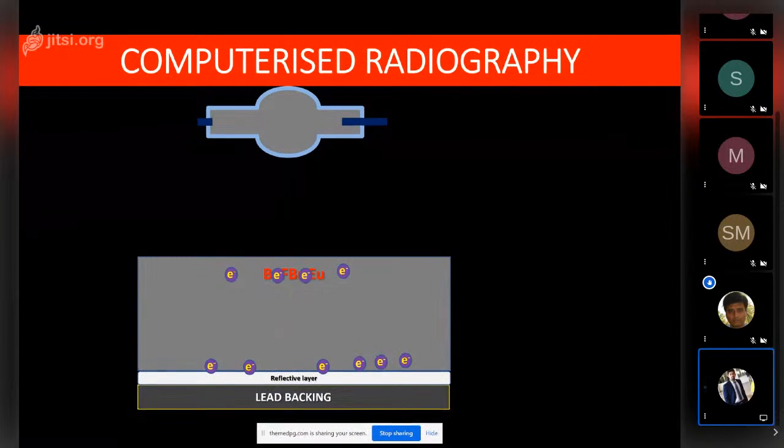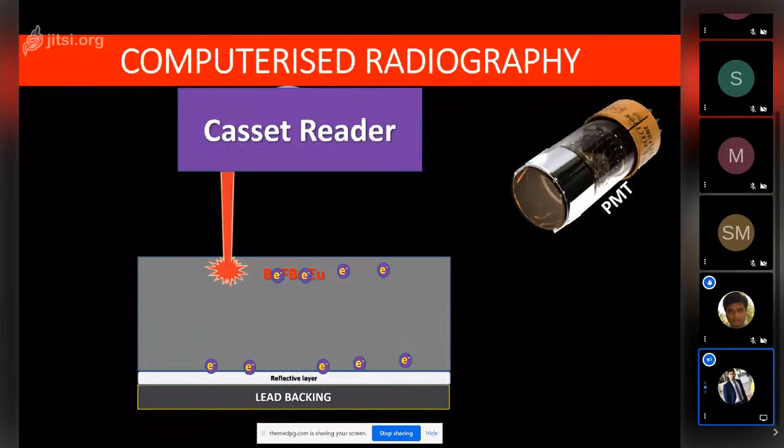Once the exposure is done, I take this cassette and put it into the cassette reader. The cassette reader sends a laser beam, which sends the electrons back, and this releases light. This light is measured by the computer, and that forms the image.